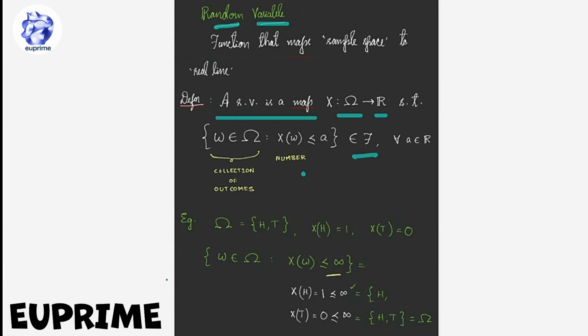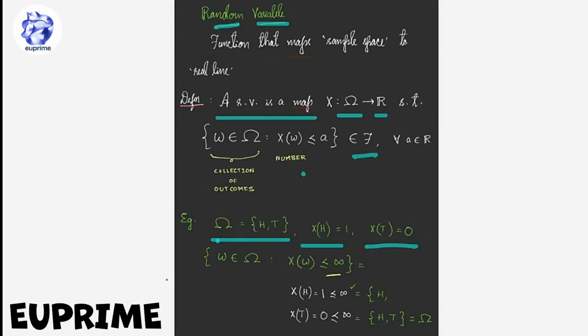So as long as this X of omega, which is a number, is less than A, this is a random variable. Now let's check what values A can take. In this specific example, you have an experiment with heads or tails, the coin toss. X of H is 1 and X of T is 0.